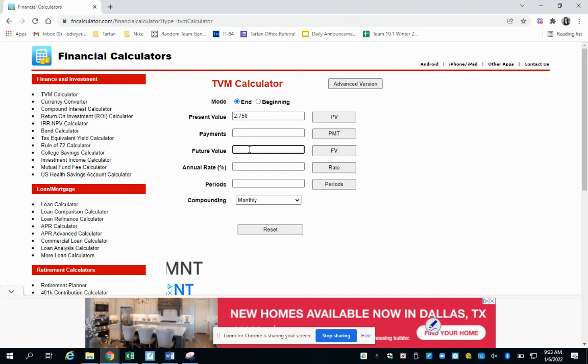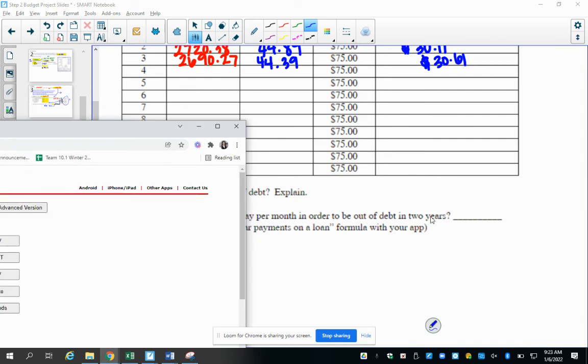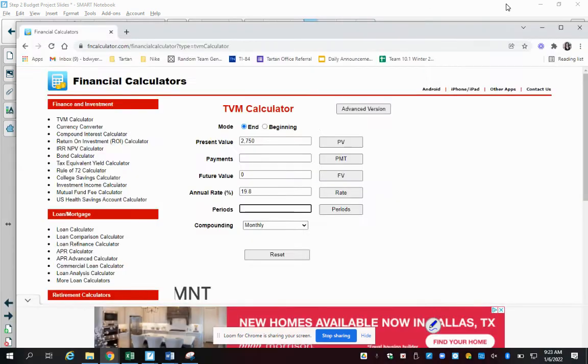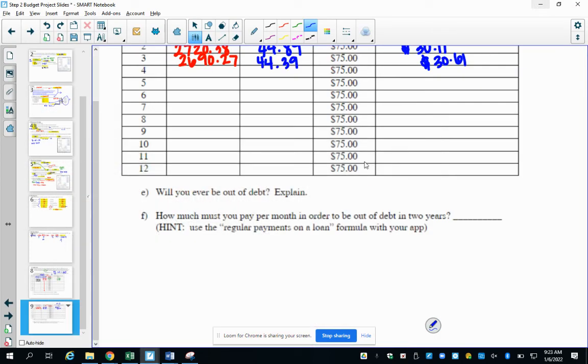You want to pay it off to zero. The interest rate was 19.8%. And this problem said, how long will it take you to be out of debt in 2 years? So that means in 24 payments, so 2 times 12. And then you'd hit payment, and it would tell you how much you need to pay to get that credit card off in 2 years. Okay, versus what's actually happening here.